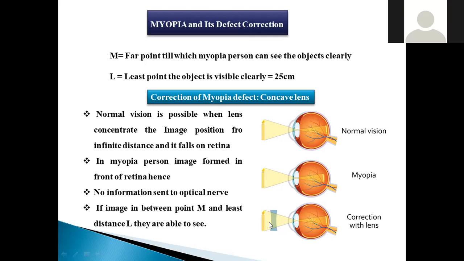This will extend the picture and it falls on the exact position of the retina. So the concave lens is used to extend the image and it exactly falls on the surface of the retina so that the vision is very clear. Now, by using this external concave lens, it is possible to correct this myopia.